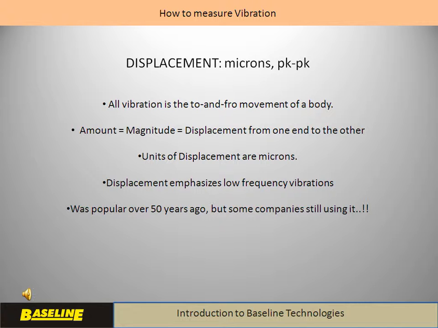The typical metric units of displacement are microns. Displacement emphasizes low-frequency vibrations. It used to be a popular method of measurement some 50 years ago. However, it does not convey the complete picture since the energy of vibration is not only how much of the movement is there, but also how fast it is moving.